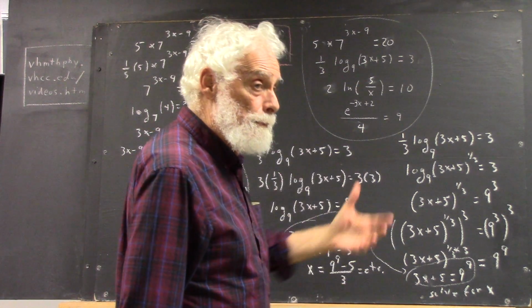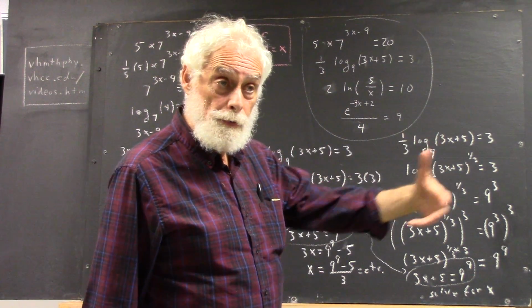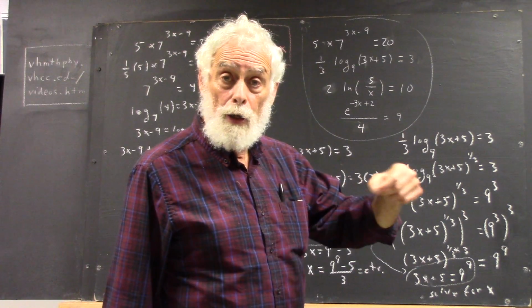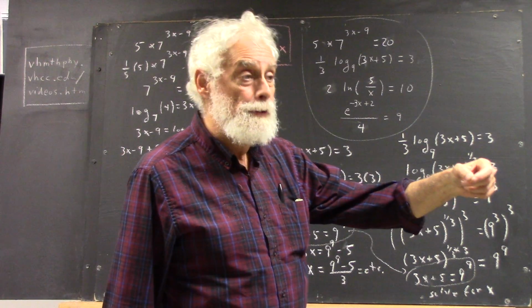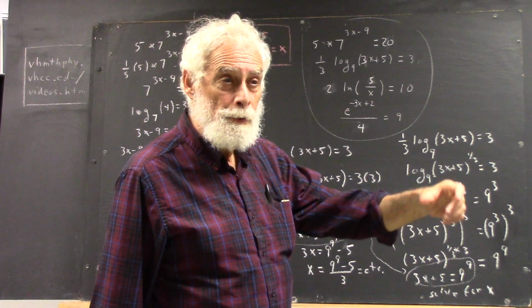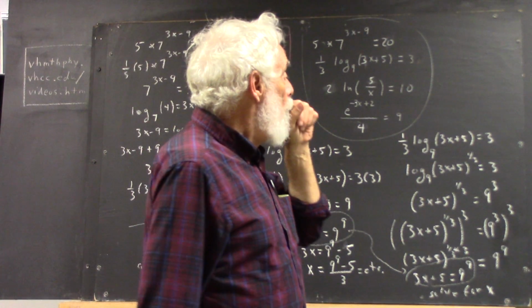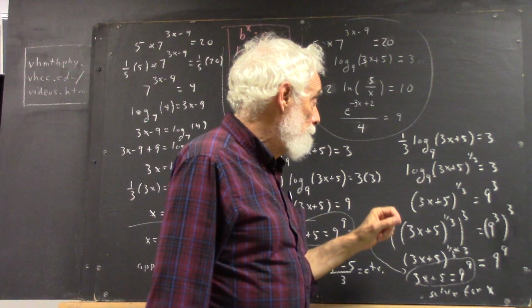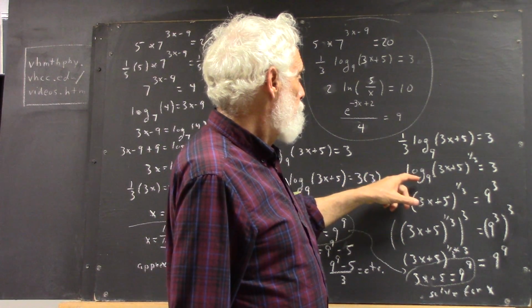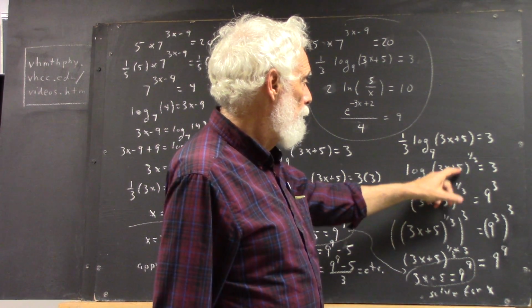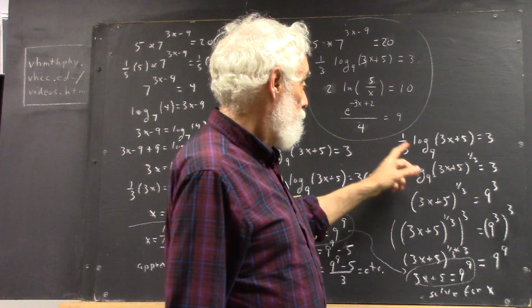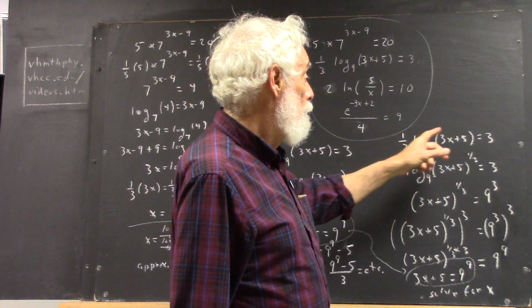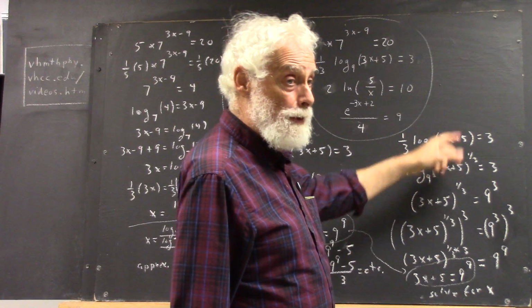We know from some of the properties of logarithms that a times the log of m is the log of m raised to the a power. So we can write this as log base 9 of (3x plus 5) raised to the 1/3 power. That's like n log m gives you log of m to the n.